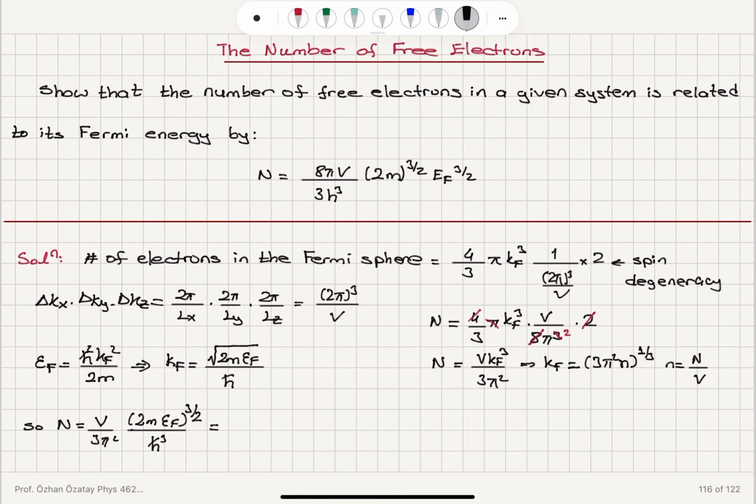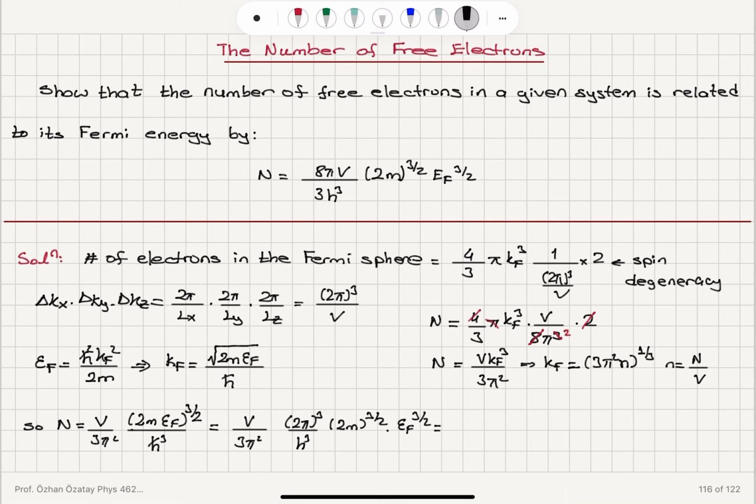So this is going to be V divided by 3 pi square. Now we have h bar cube. H bar is h divided by 2 pi. So that is 2 pi cube divided by h cube, Planck's constant. And then we have 2m to the power 3 over 2. And then we have Fermi energy to the power 3 over 2.